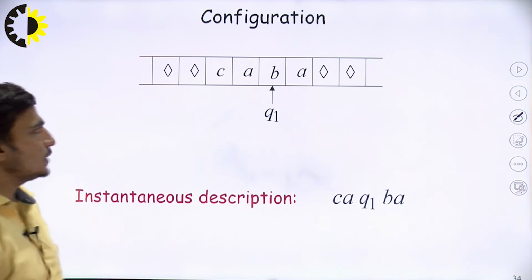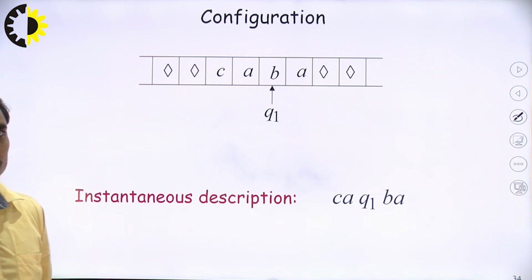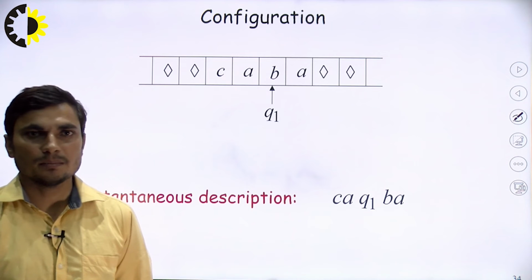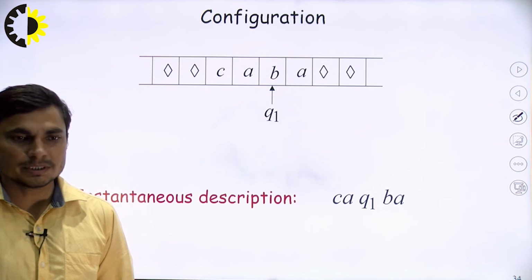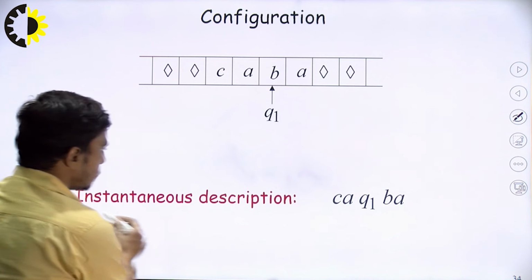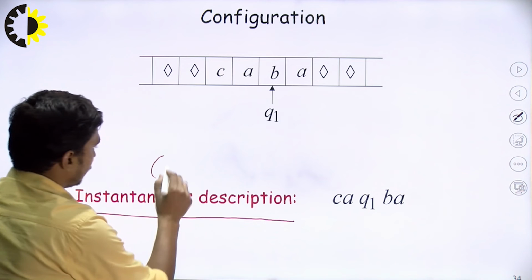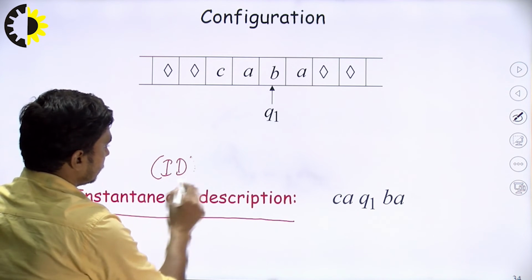Along with that, there is an important thing in the case of a Turing machine: at a certain point of time, the state of the Turing machine can be described by the instantaneous description, or in short form ID.